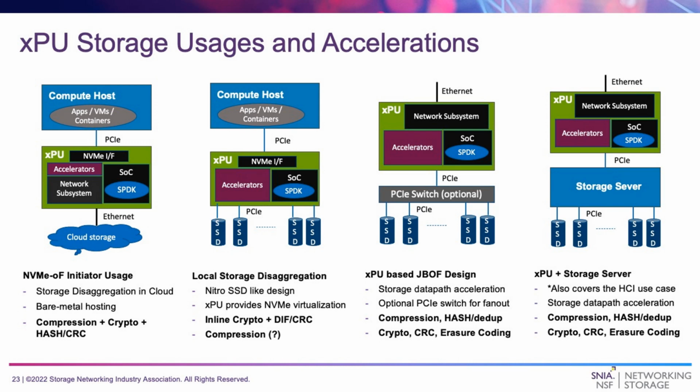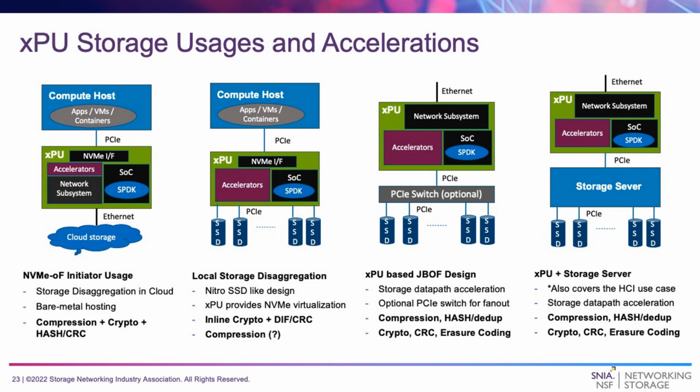This is still in active basic development, and xPU is used for storage data path acceleration. But often it requires a software repartition to move the front-end processing of your back-end storage stack into xPU to make best use of the accelerators integrated in xPU, and also to make use of the SoC CPU core capabilities from xPU.